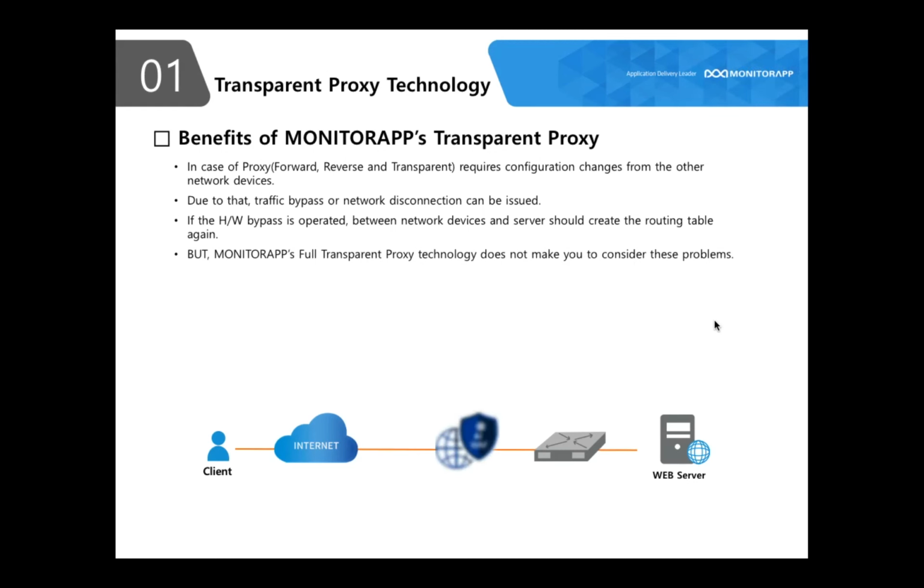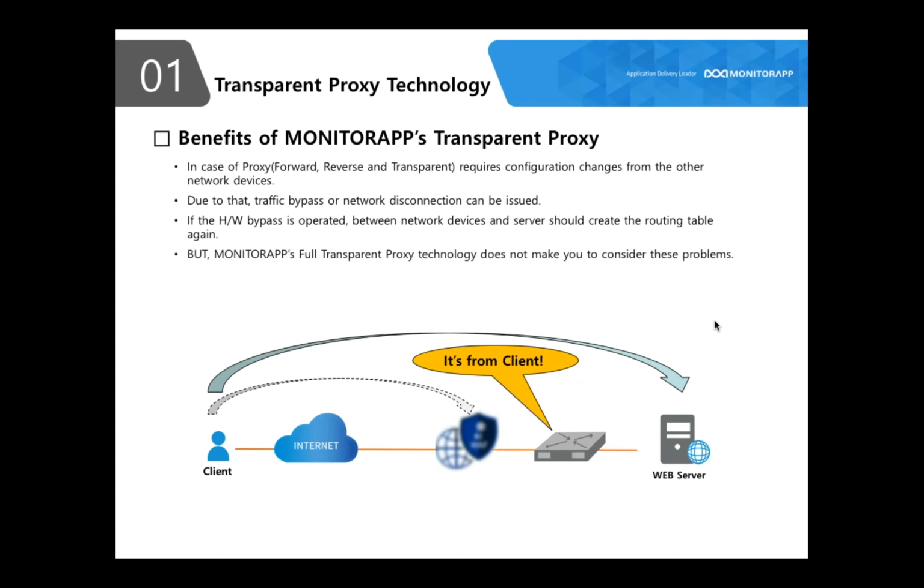But with the Monitorapp appliance, for example AWS, the client will access the web server because the client does not know of the existence of the AWS system. So the client will access the Monitorapp appliance. And the switch will think that this traffic is coming from the client, because AWS does not have any IP address or MAC address.